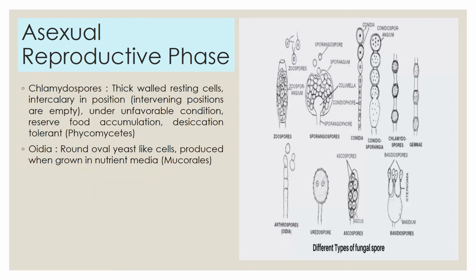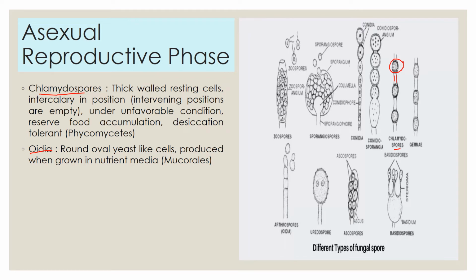Then there are the chlamydospore and the oidiospore. These spores are formed not in a special structure but just in the fungal hypha. In the case of the chlamydospore, the fungal hypha accumulates food and rounds off to form the spore, and the intermediate region turns dead, and in this way chlamydospores are formed.